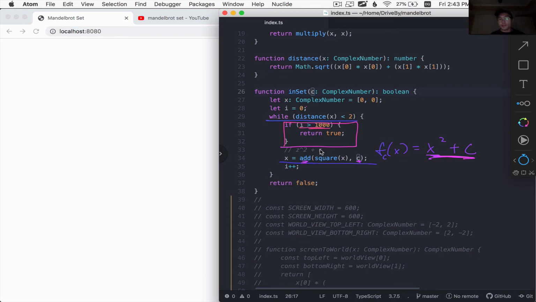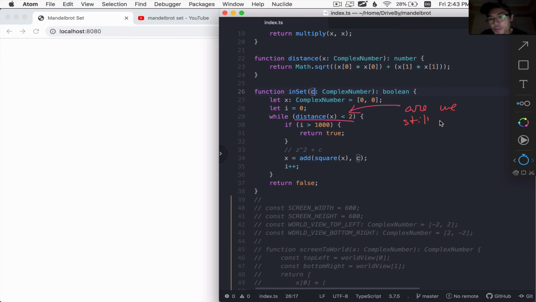If we tried 1,000 times, which is the number I deem a lot of times, and we still don't get outside the radius 2 circle, that's what it's checking. This is 0. Are we still inside the circle somewhere?